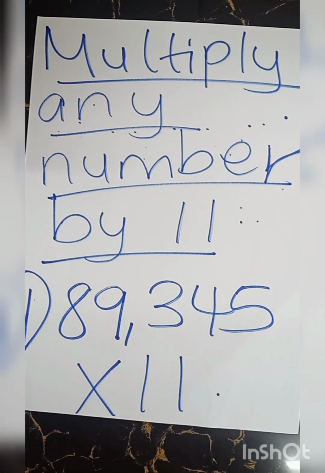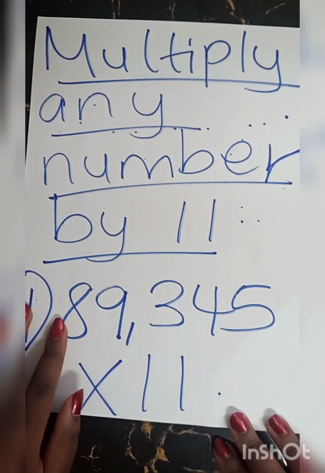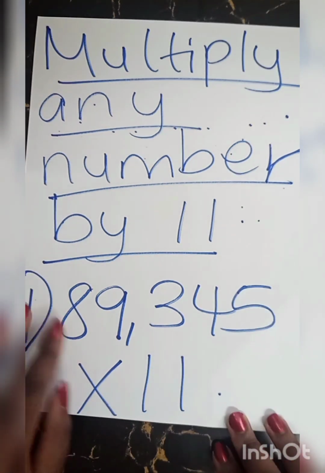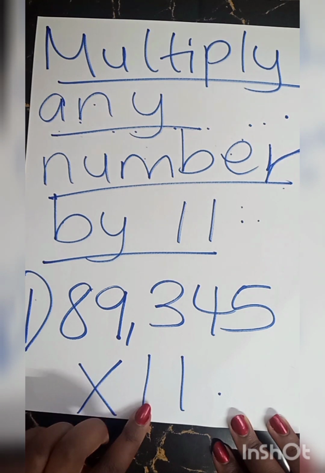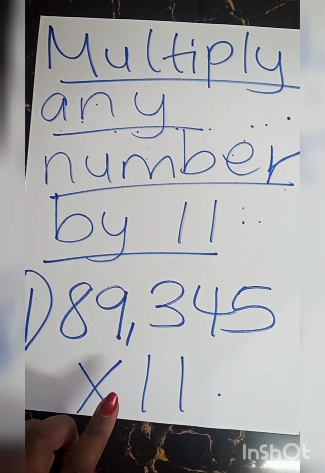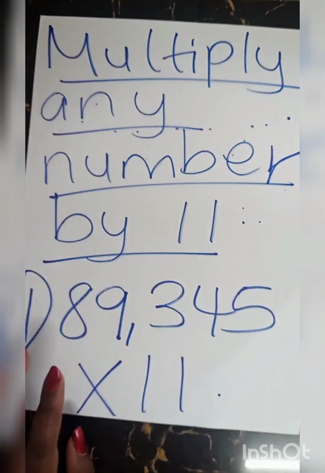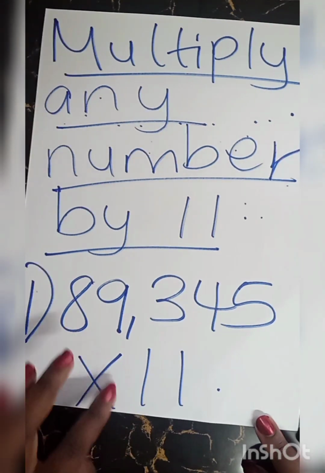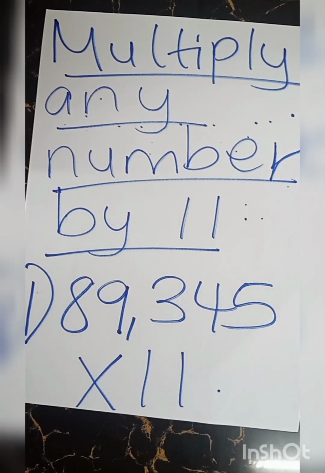So here, we'll start by multiplying the first digit of this number with the first digit of this number, which is 1. Are we together? So now we have 8 times 1. 8 times 1 is 8, so we'll write an 8 over here.